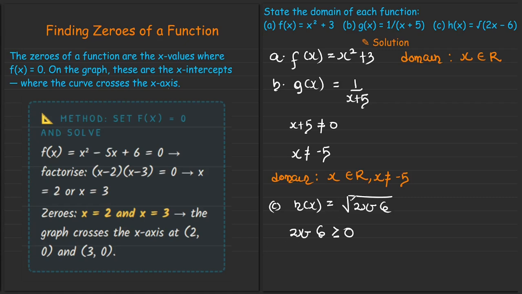If it is able to satisfy that, then it will form part of the domain. So we would have to make x the subject. We have 2x is greater than or equal to what? 6, because this negative 6 moves to the other side to give us a positive 6. Dividing both sides by 2, we have x greater than or equal to what? 3.